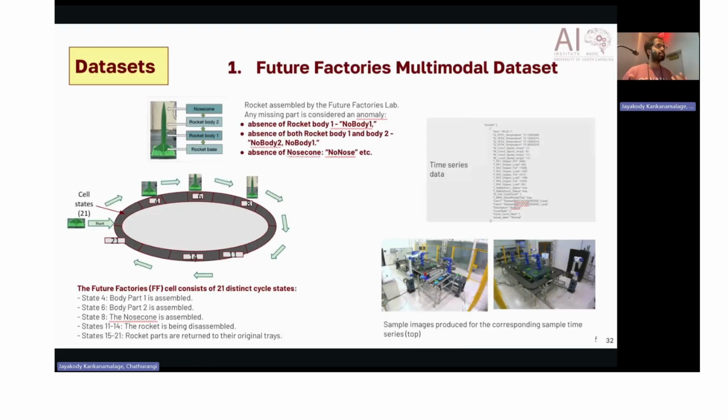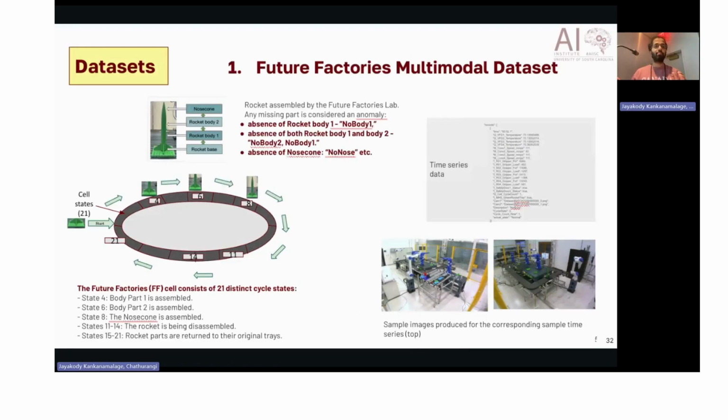The time series dataset consists of sensor data, things like pressure and temperature. And for images, in the lab we have two cameras attached to opposite corners, and we take pictures, so that's the image dataset. These are the two multimodal datasets that we currently are going to show in the SmartPilot, but it can be extended to any dataset that you can have.